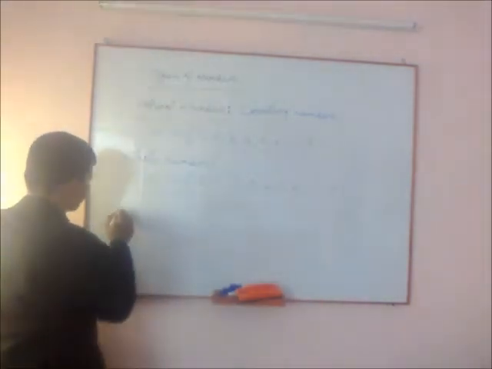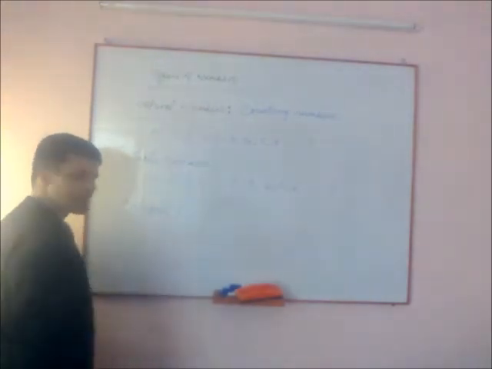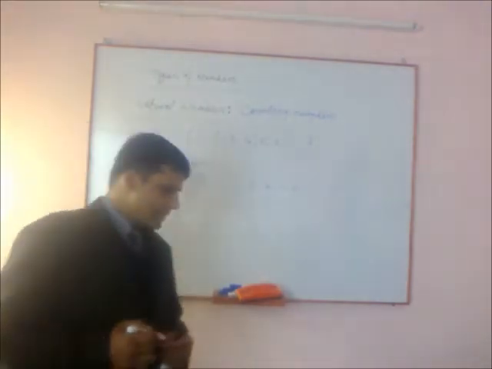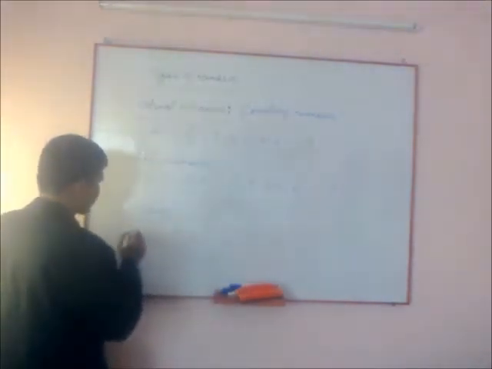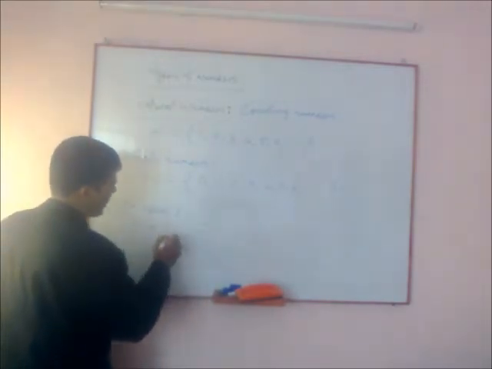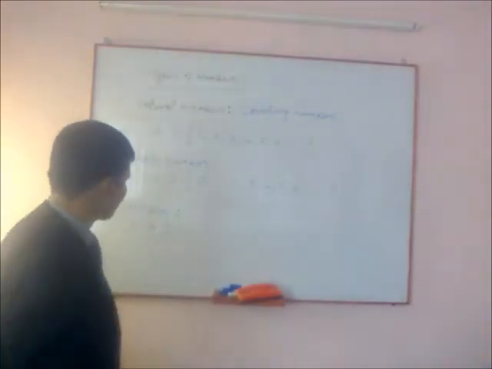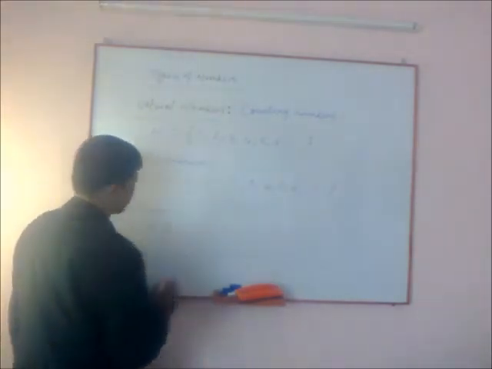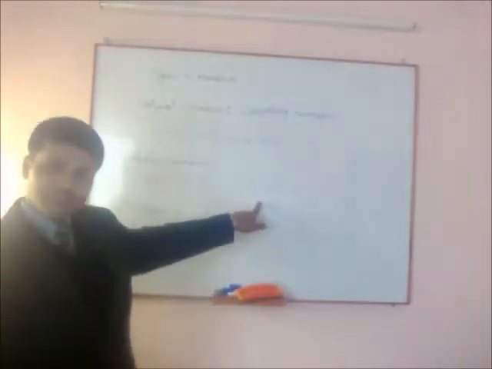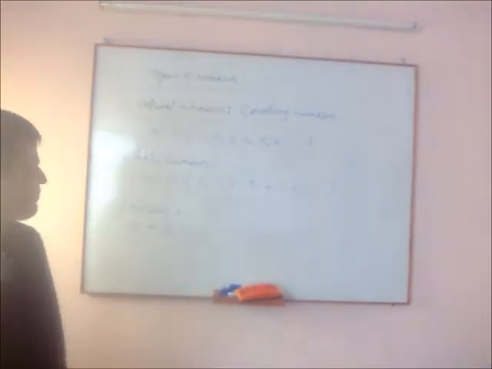Then comes integers. Set of integers denoted by I or Z. Some people use I and some people use Z. Anyone we can use. Then Z equals all the whole numbers and their negatives.